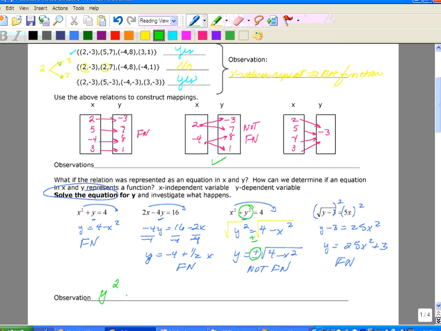So if a y square appears in the equation, our conclusion is it's not a function.